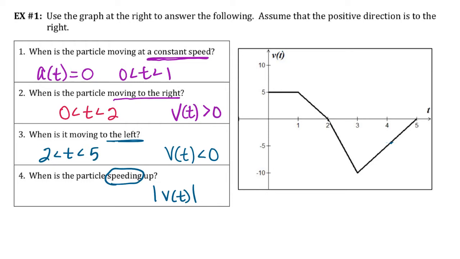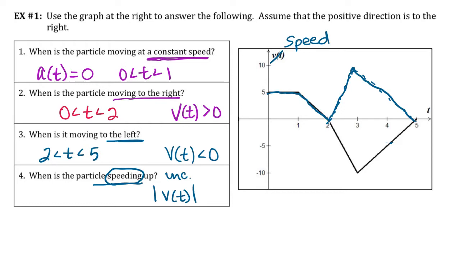So now I'm going to change this to a speed graph, and I'm going to flip all of this that's negative, I'm going to flip it over and make it positive. So really this negative portion becomes positive, and once I flip that over, this becomes the graph of speed. So if that's the graph of speed, I need to know when is the particle speeding up or when is this increasing.